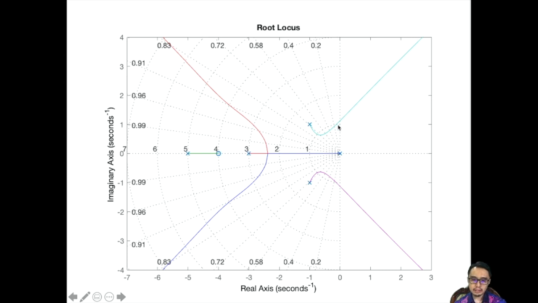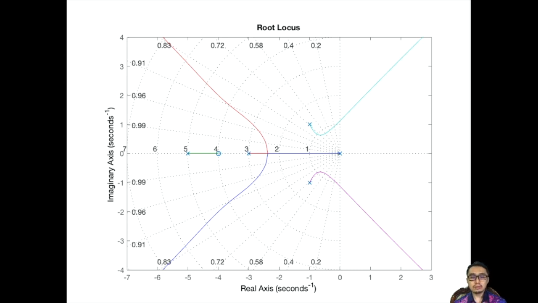We didn't calculate this point, and that will be minus 2.5 something. And this locus starts from the pole at 0. That's another asymptote. So there should be 4 asymptotes as shown in the sketch. So that's how it looks in MATLAB, right?